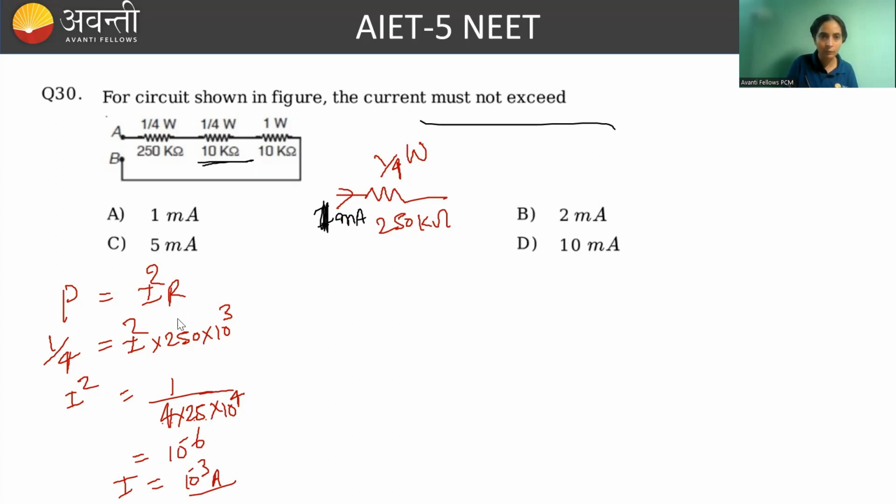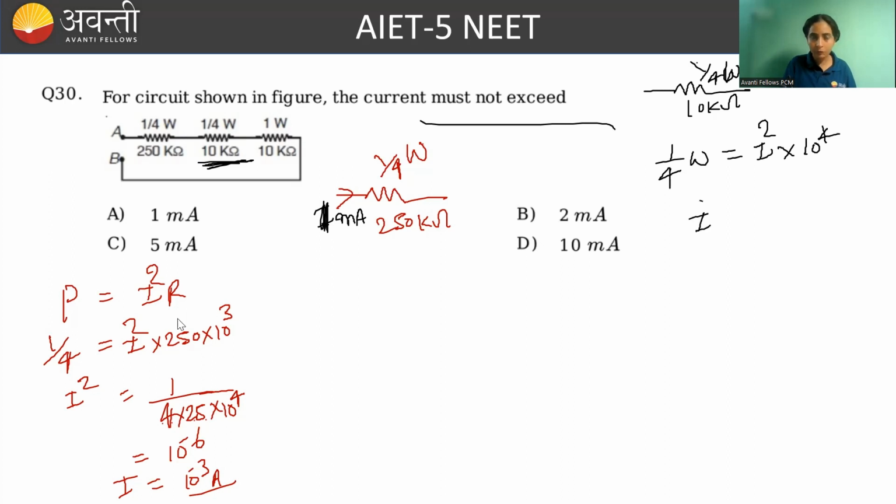Now let's see what will be the case with the second. Now you draw the second one here. This is 10 kilo ohm and this is 1/4 watt. Again do the same calculation. The maximum current that it will allow: I square into R, that is 10 to the power 4. Now, what will be the value of I square?